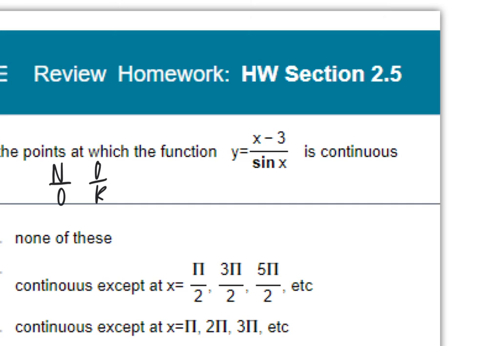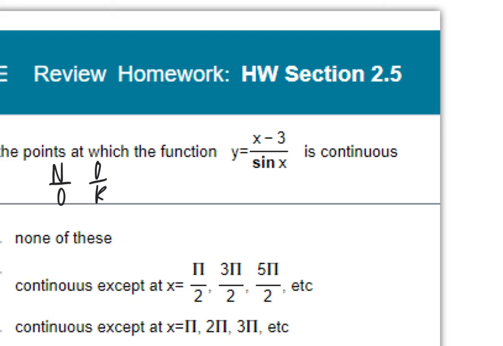And so that would be an issue. So I need to know where sine is equal to 0, because wherever sine is equal to 0, that is where this function will not be continuous.